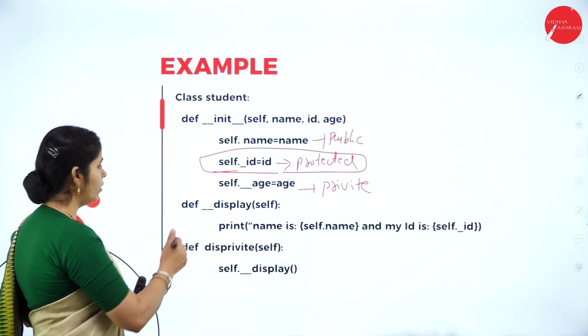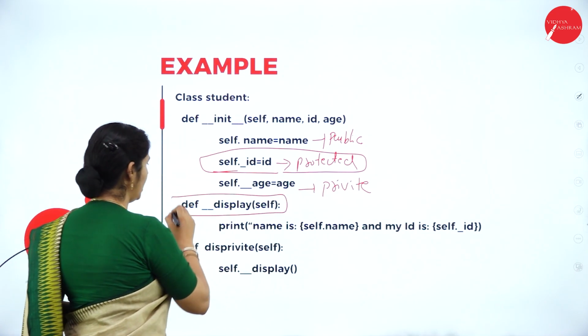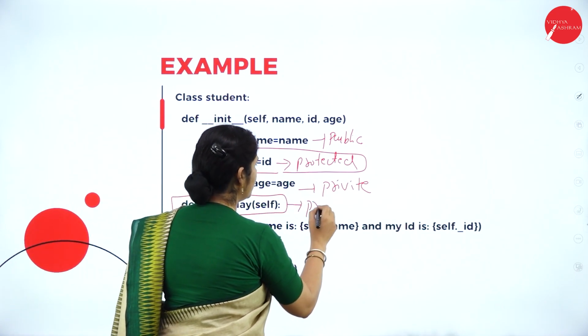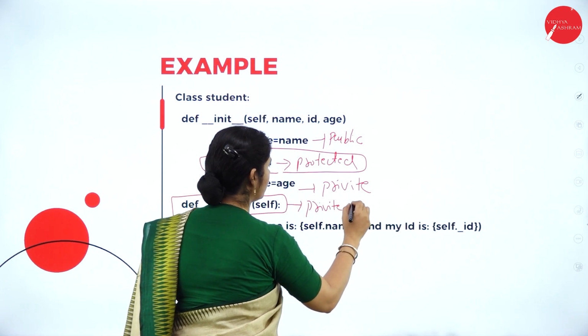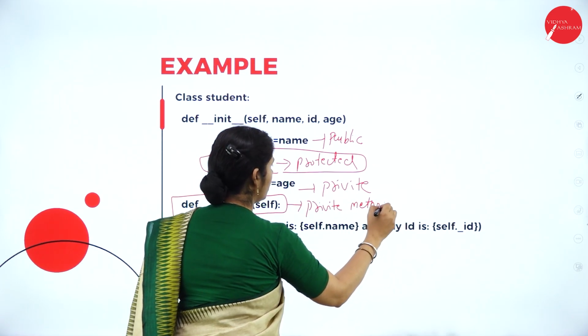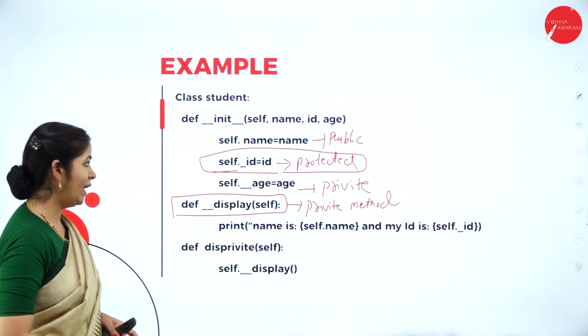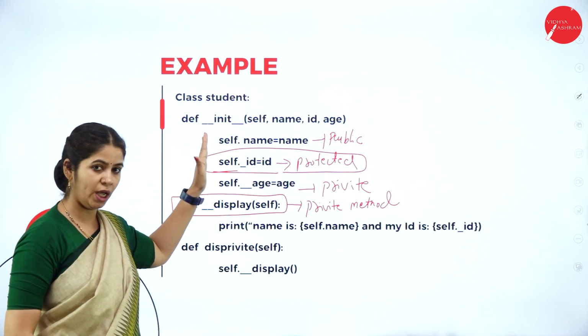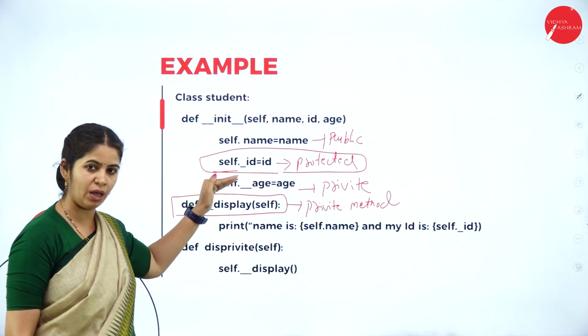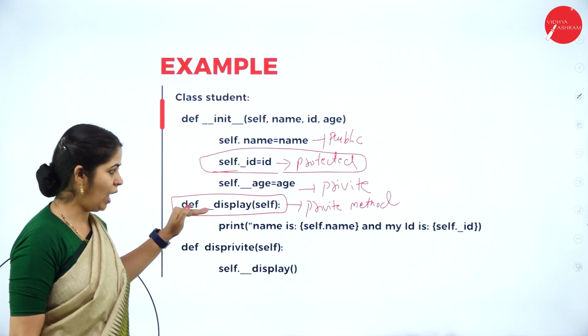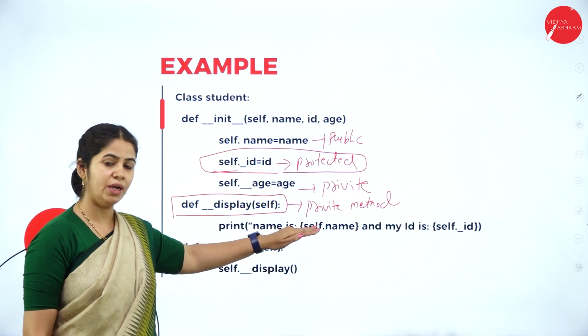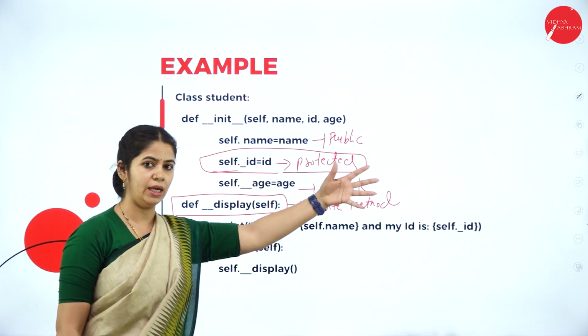So here also, we are declaring this method as a private method. We are declaring the variables as public, protected and private, and the method as a private method. And what we are printing is name is so and so and ID is so and so.